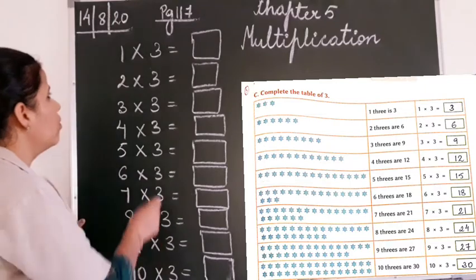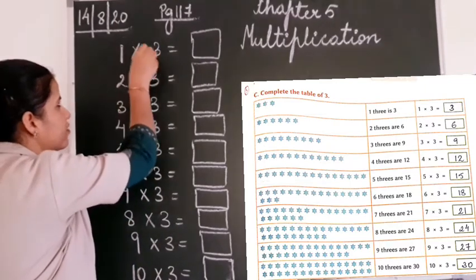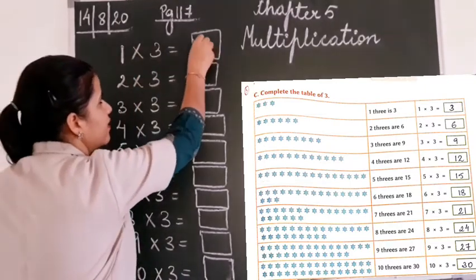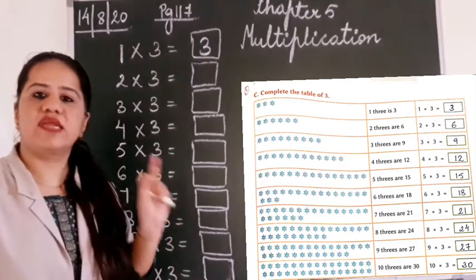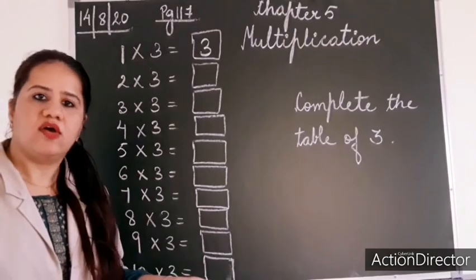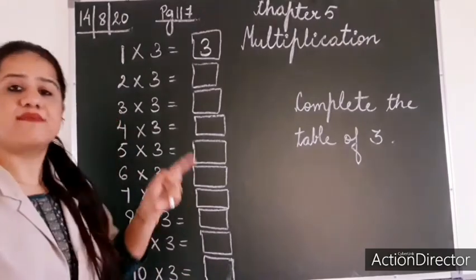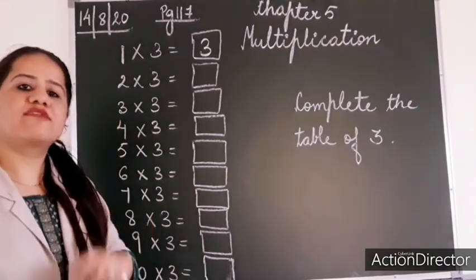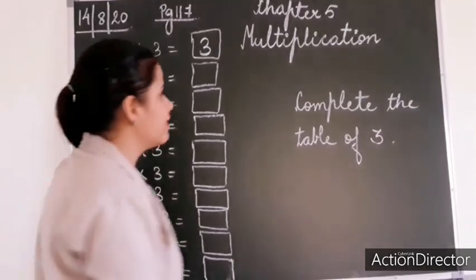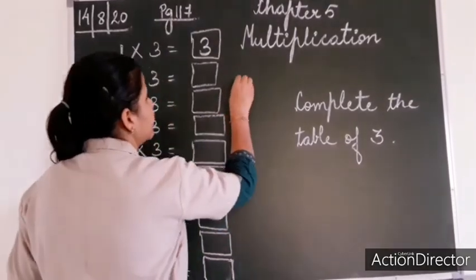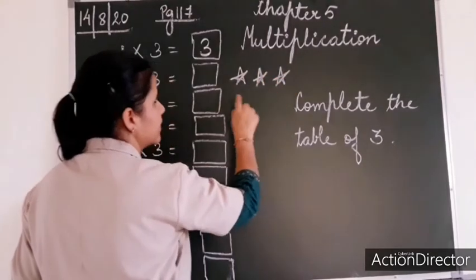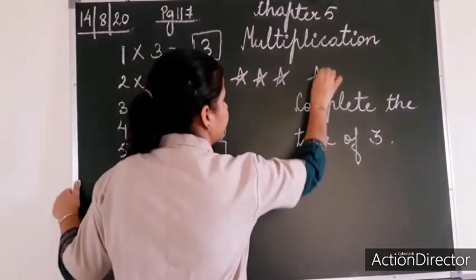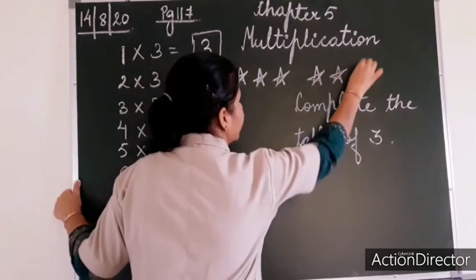So 1 times 3 is 3. Then 2 times 3. Suppose I give you one example today. Like there are 3 stars and again there are 3 stars.